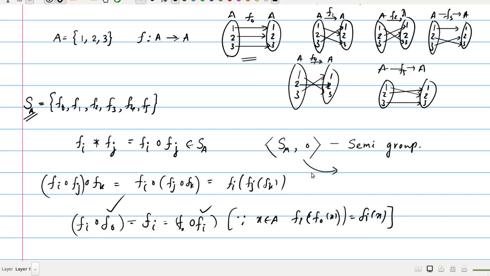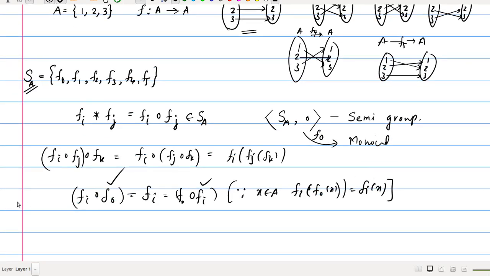So we can consider this S_A along with the binary operation composition consists of this identity element f naught. So we can consider this as a monoid. Finally, that means this proves the existence of the identity element, and this is the associativity.